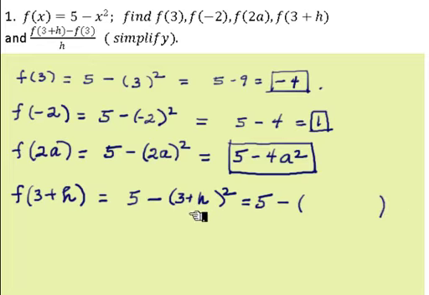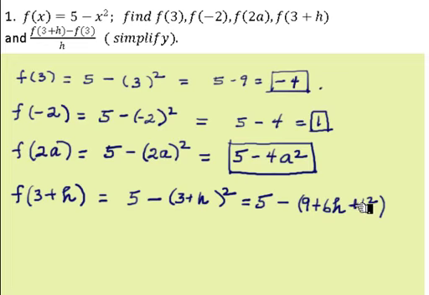We don't want to make a mistake with our signs when we open up parentheses. This subtraction symbol applies to this entire term. So now let's square out 3 plus h, and we have 9. And then for the middle term, we're going to have 3h plus 3h, so that's 6h. That's the outer plus inner. And then h times h, that's h squared.